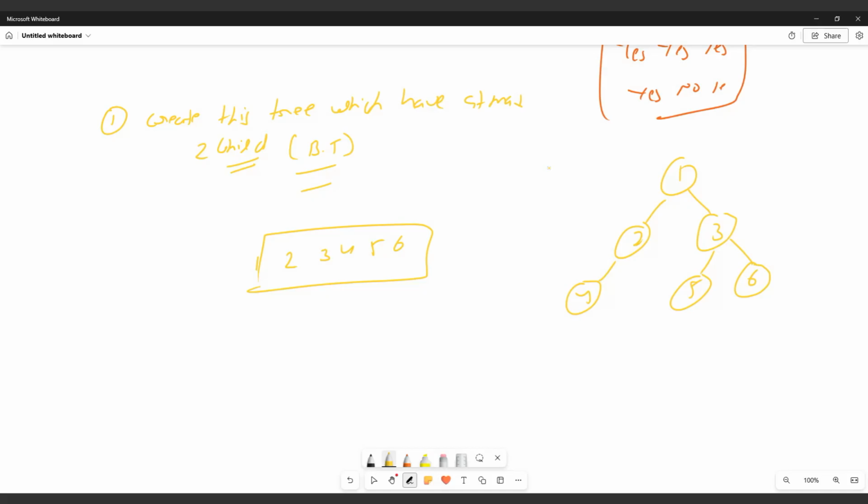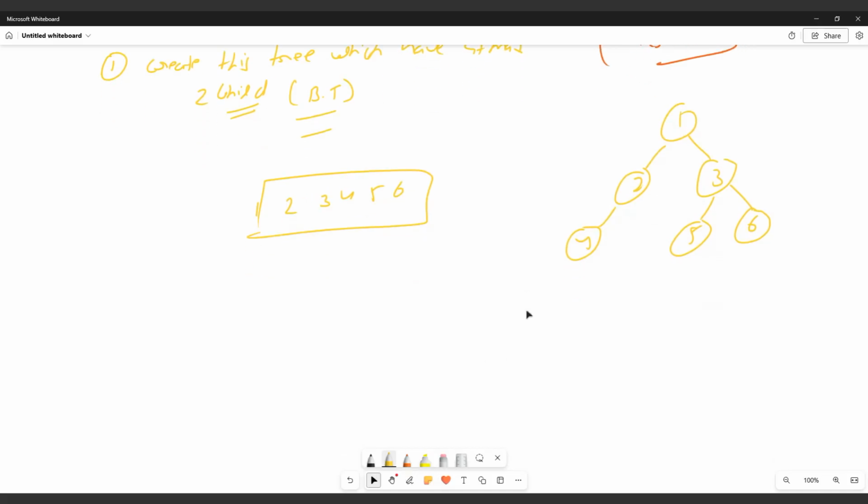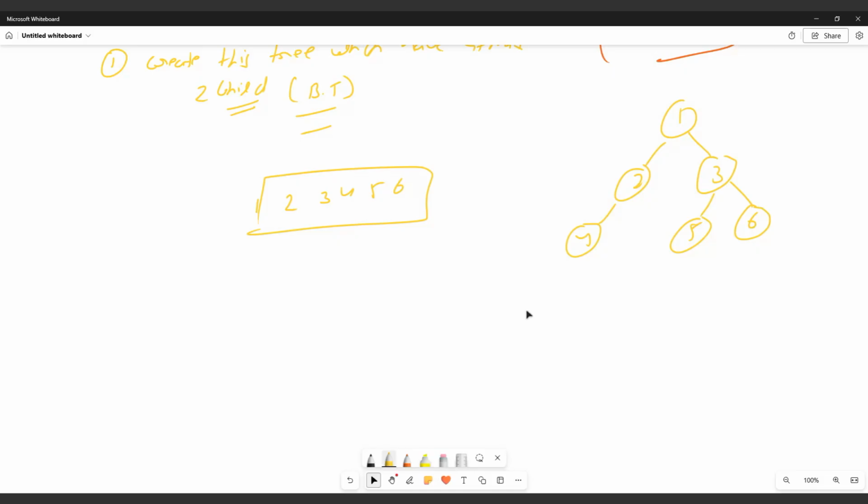So class, what I am going to do is try to make a full binary tree. We are going to discuss what a full binary tree is and what a binary tree is, coming to these concepts one by one, so it will be very clear to you.